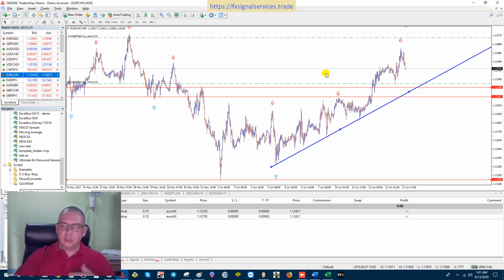If not, you need to use a limit pending order, either sell limit or buy limit. I don't care, whichever way the trend is going, up or down. But you need to try and make sure you trade with a trend. Okay, if the bigger trend is bullish, meaning it's going to go up, then only buy limit pending orders. If the trend is bearish, meaning it's going down, then only sell limit pending orders. Okay, so that's a very, very simple strategy.